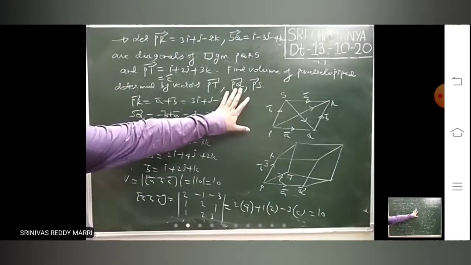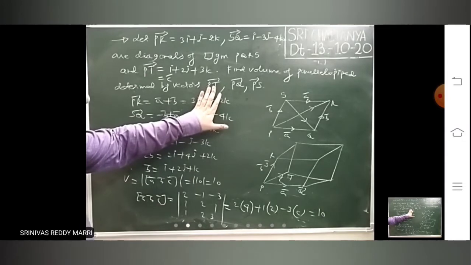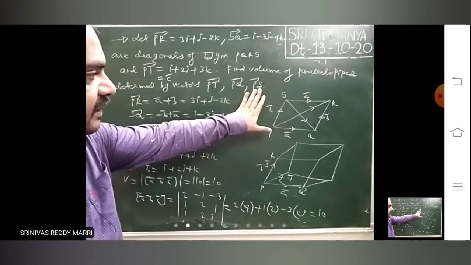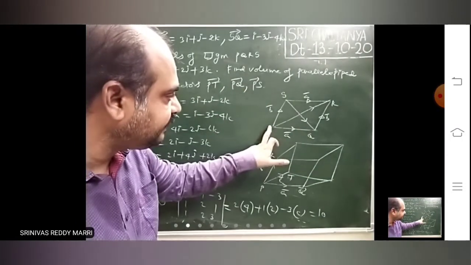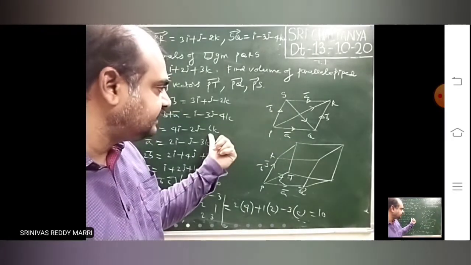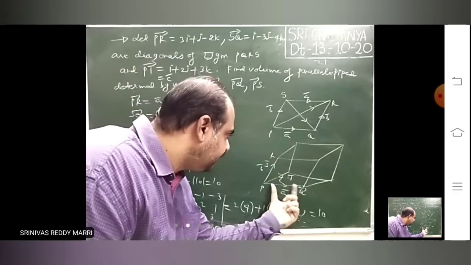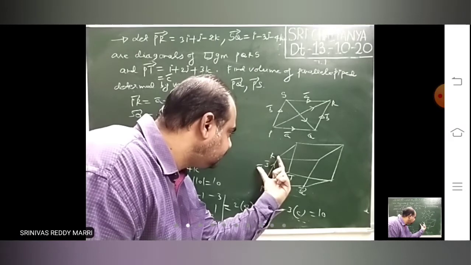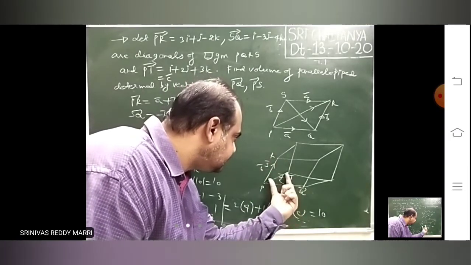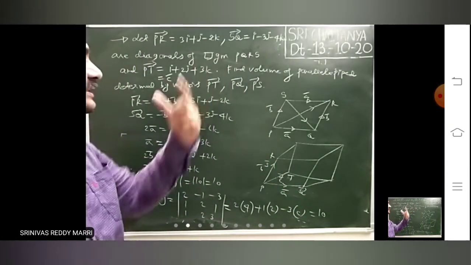Indirectly he has given this to evaluate. To evaluate, PQ bar and PS bar are one part of this, and these two are two coterminous edges. Another coterminous edge he has given.